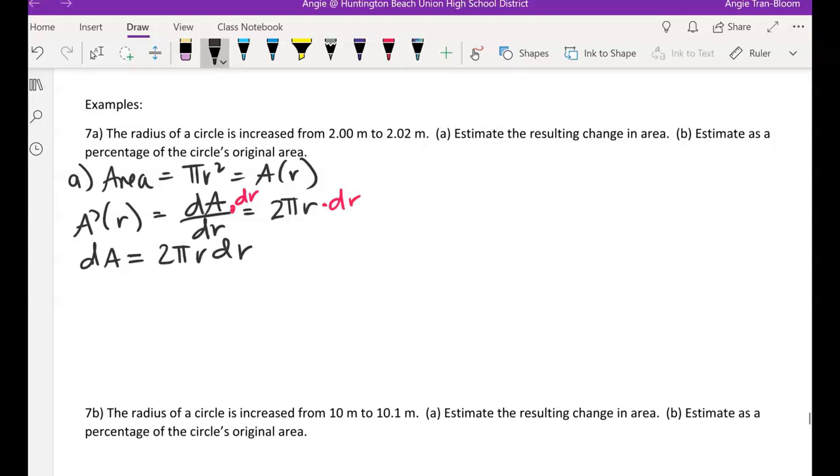Okay. Since they gave you radius is 2, we know the change in radius was 0.02. We can totally plug that in. So dA equals 2 pi times 2 times 0.02.